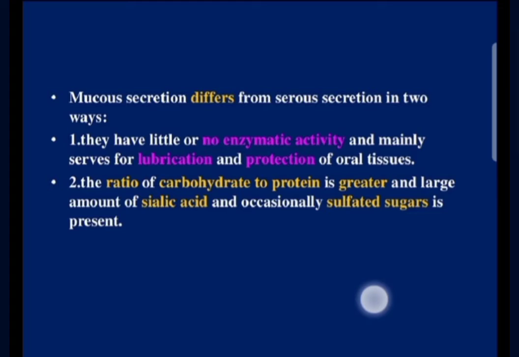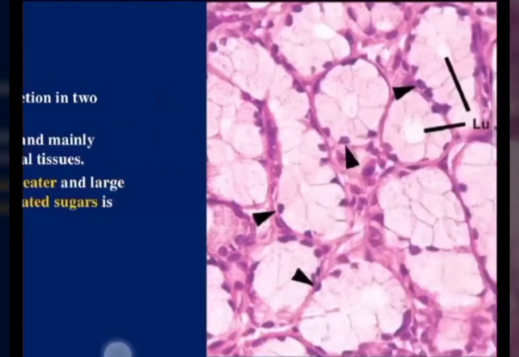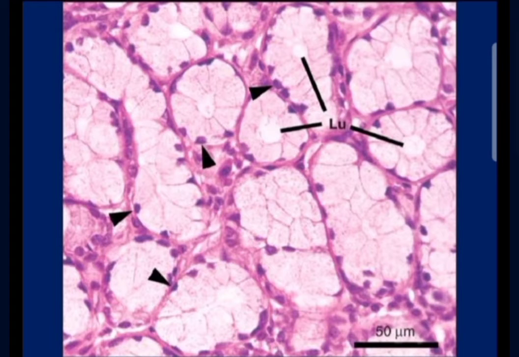Number 1, they have little or no enzymatic activity and mainly serve for lubrication and protection of the oral tissues. Number 2, the ratio of carbohydrate to protein is greater and a large amount of sialic acid and occasionally sulfated sugars is present. Can you see these are the mucous alveoli?